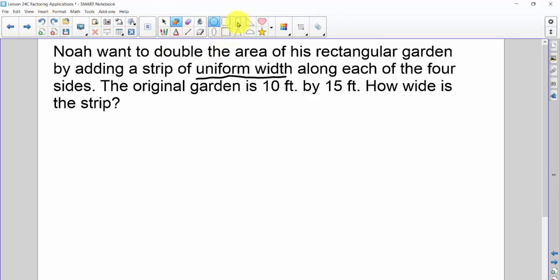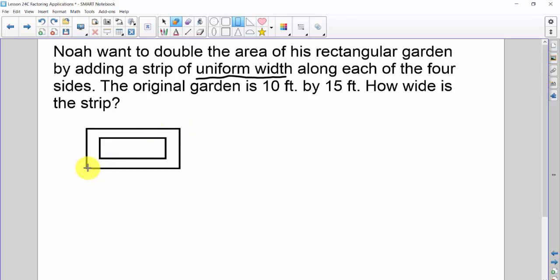I've got a rectangle like so, and I have another rectangle that is being created that has a border, if you will, of uniform width around it.